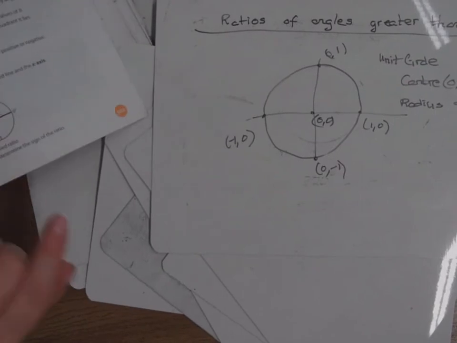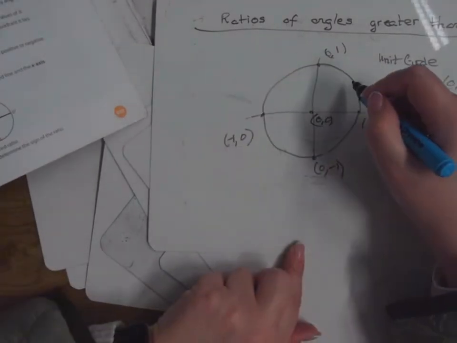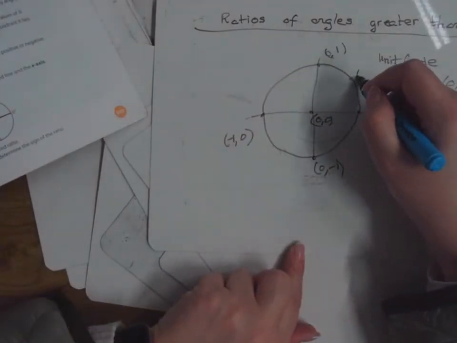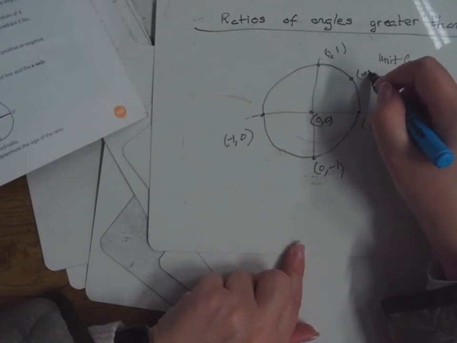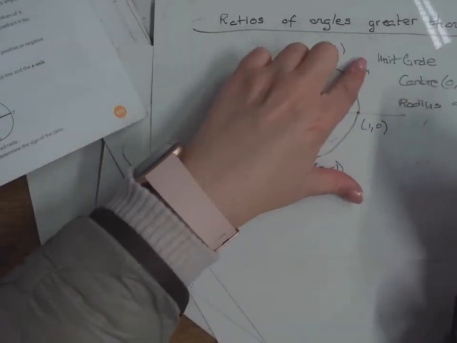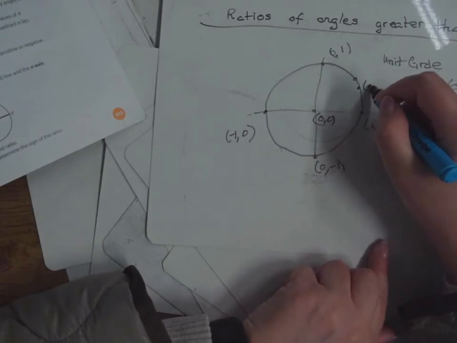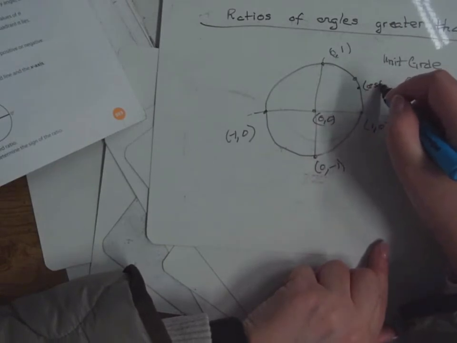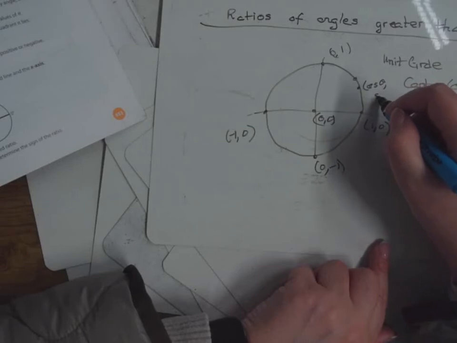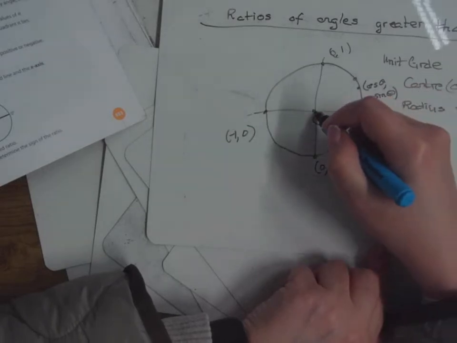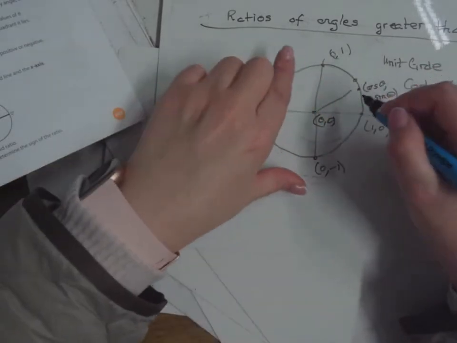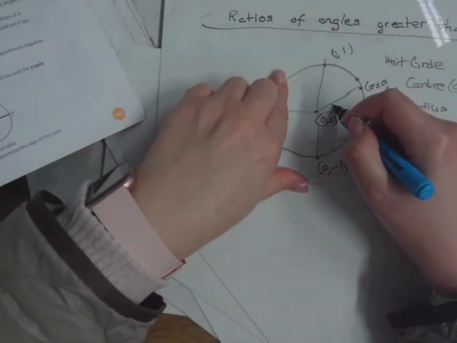Any point on the unit circle is equal to the cos of theta, comma, sine of theta. Theta is just a Greek letter, and it's the size of the angle that it makes with the positive x-axis.